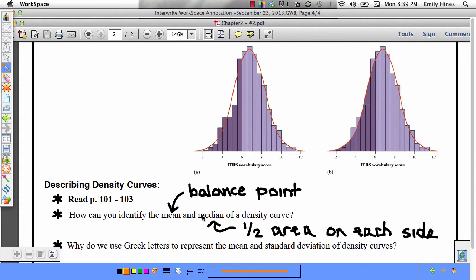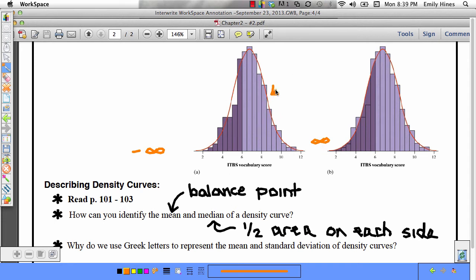In calculus, you can find the median because a density curve actually never touches the x-axis, so its boundary points are negative infinity on one side and positive infinity on the other, and I know that the median is the middle point.